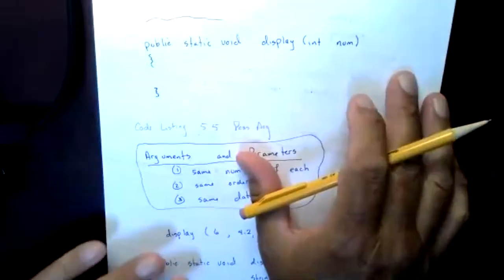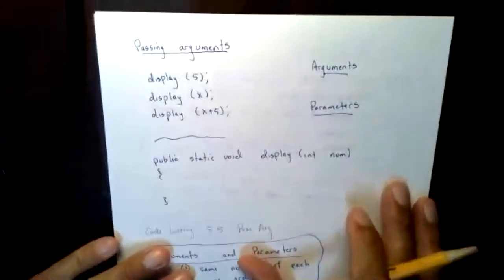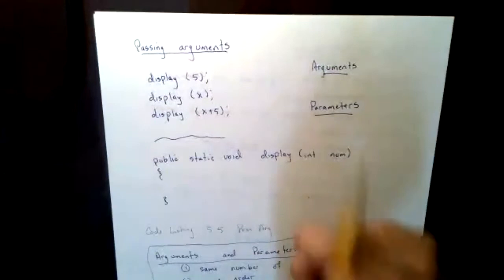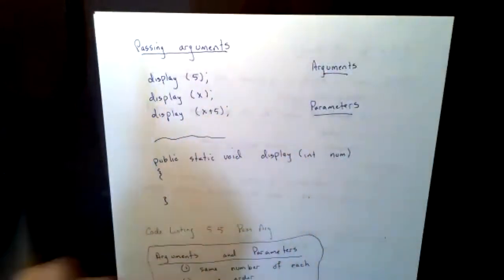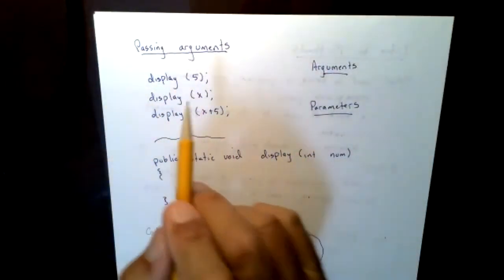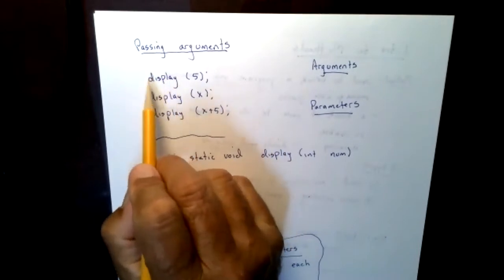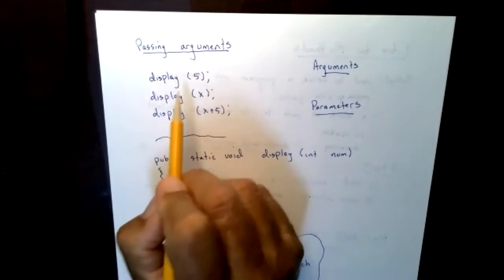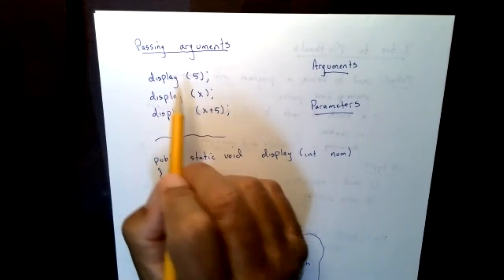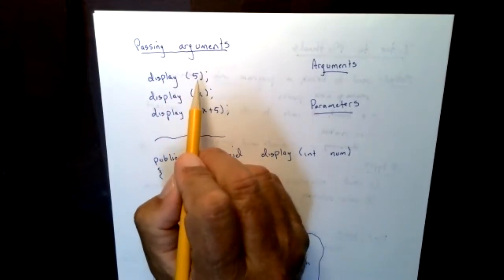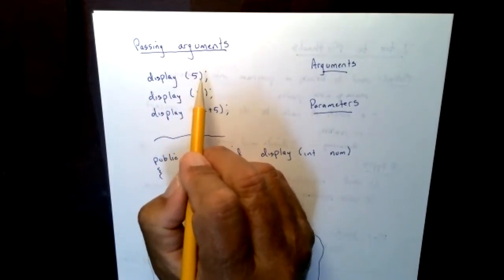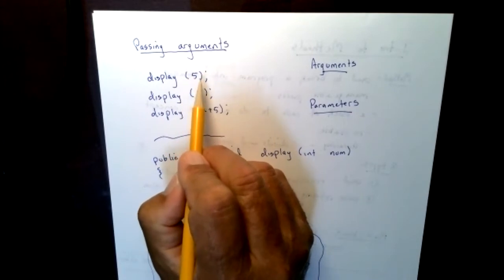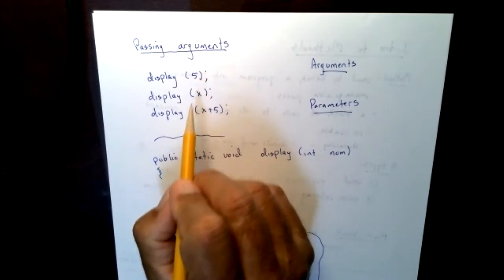Now, going along with that code listing 5.1, up in the main, we call the method. In order to call a void method, it just sits on the line. We just say, hey, display. And what we do is we send over an argument. In this case, inside of my parentheses, I have a 5.